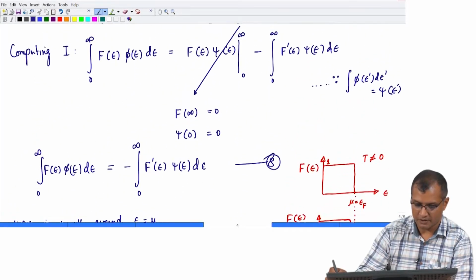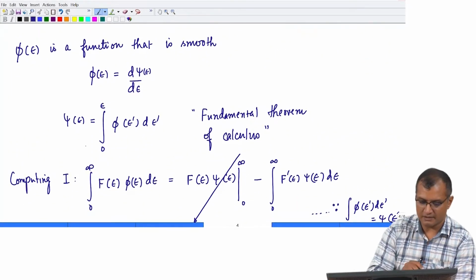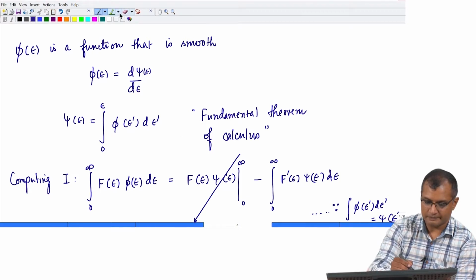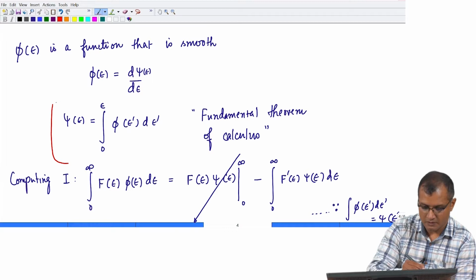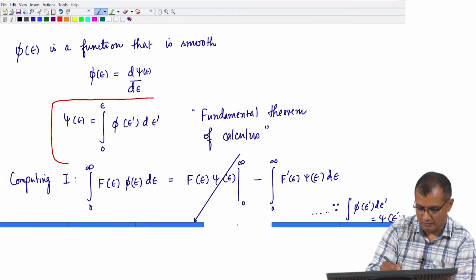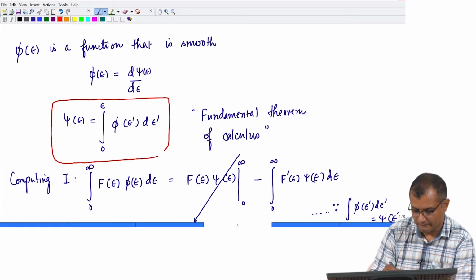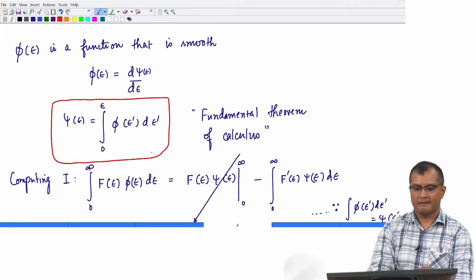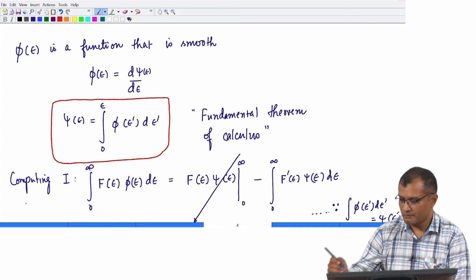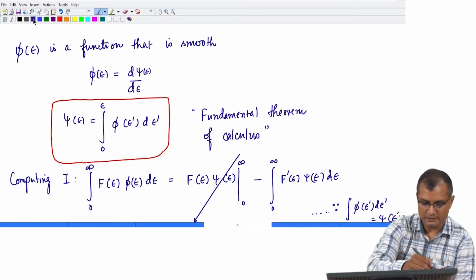If you look here, the function psi here is nothing but the integral of our function phi, which is on the left hand side. Okay. So, I am just going to write down this.